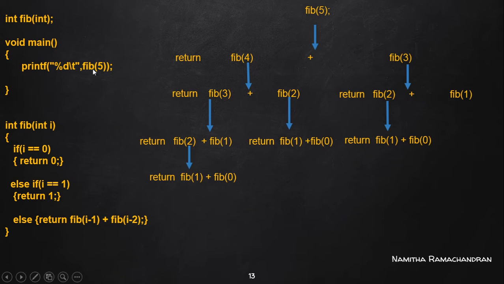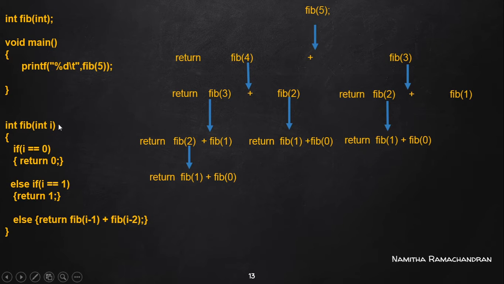So first, this 5 is copied into this formal variable I. Then using this I value equal to 5, we can execute this body. For this particular case of fib 5, we can consider various iterations like this. First, call from our main function fib of 5. While calling this, what happens? Transfer control to this body.